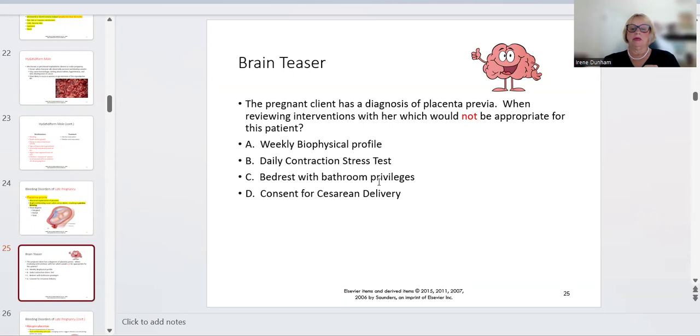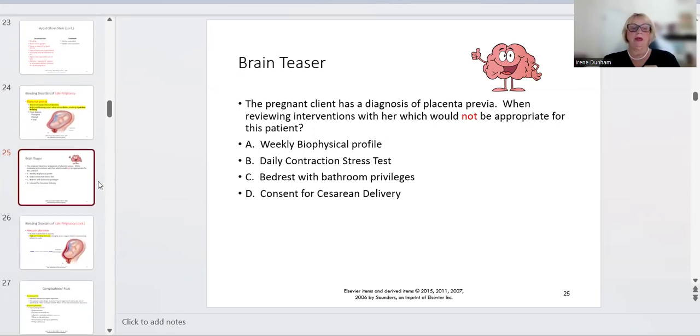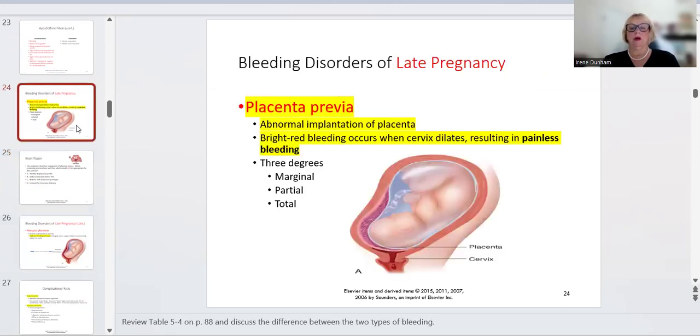She can get up, and we give them bathroom privileges, because it's hard for women to pee on a bedpan, and you do more damage trying to get a patient to go on the bedpan than just getting them up with bathroom privileges. And of course, I'm going to have a consent for cesarean delivery, because this patient will have a cesarean delivery. Is everybody clear on placenta previa?